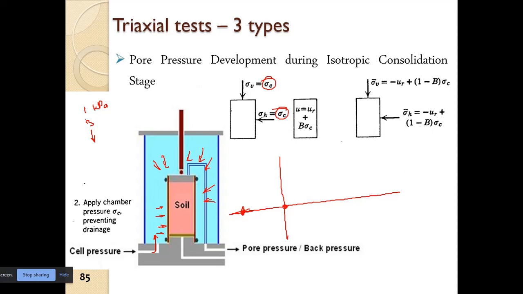Now, as we go on incrementing the cell pressure, the cell pressure point, or the total stress point, will move along the x-axis, which is the sigma axis. Similarly, the pore water pressure will also start moving.